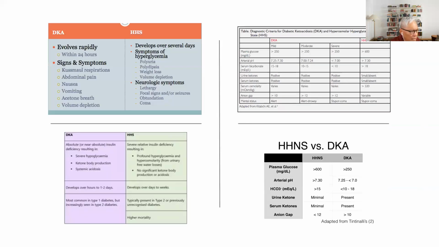So let me go back again and explain why we have a pulling out of fluid away from the brain. If this were the blood vessel, and you have a lot of glucose, and this is the brain cell right here, what's going to happen when you have a very, very high glucose content is the water is going to move over to the blood vessel. So you are dehydrating the brain.